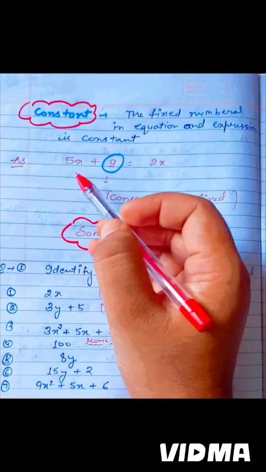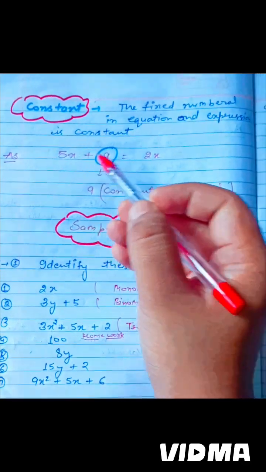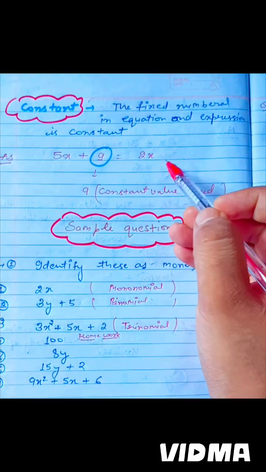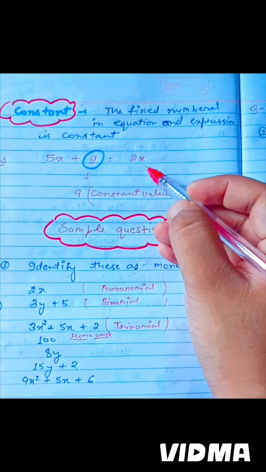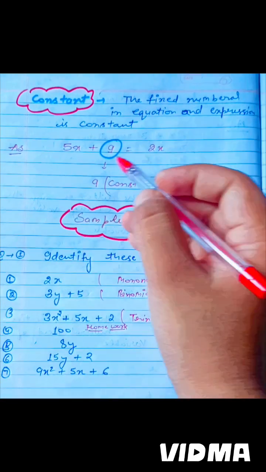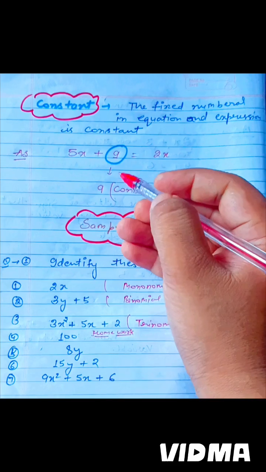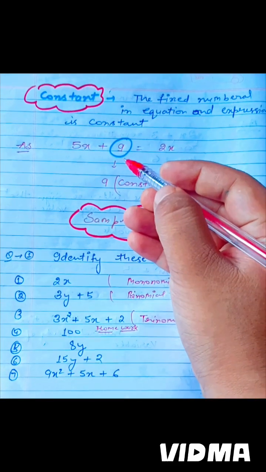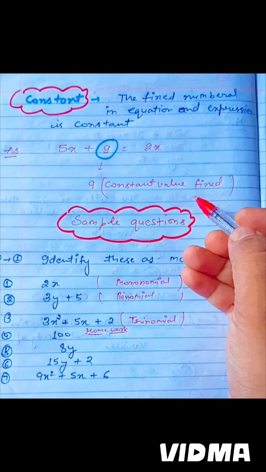You have seen that 5x is a term with a variable. Also 2x in the right hand side is a term with a variable, and there is a term which has no variable, only the constant value 9. So in this equation 9 is a constant value or fixed.